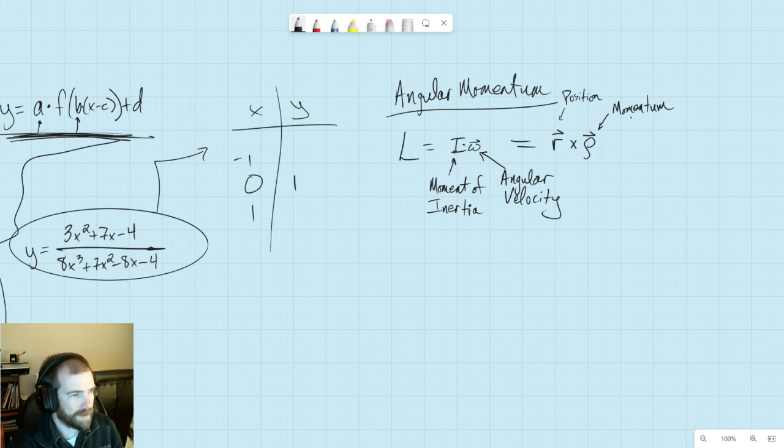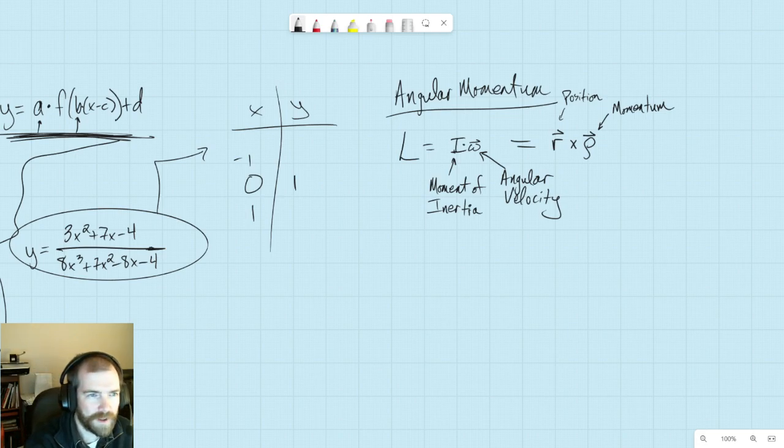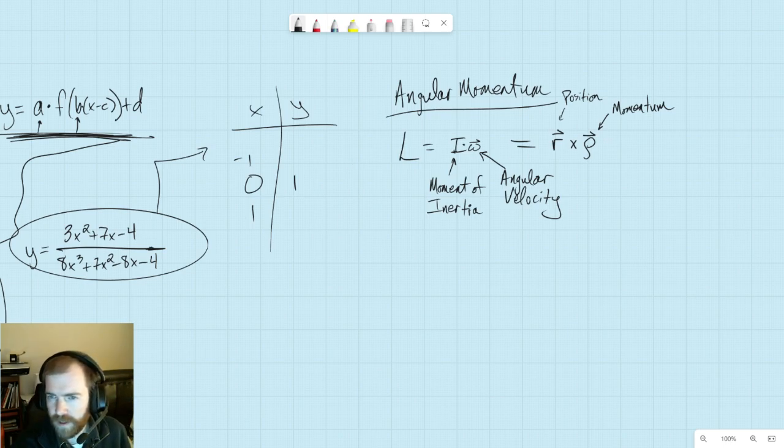And if you don't like that, rho is equal to mv in Newtonian mechanics. So r cross, parentheses, m times the velocity vector.